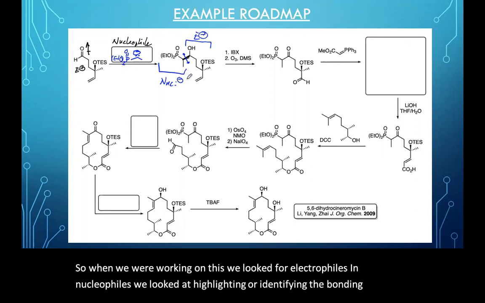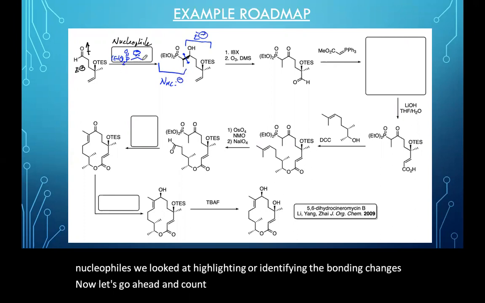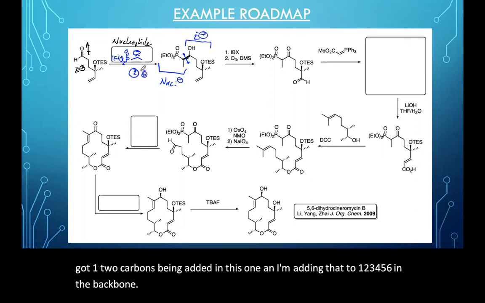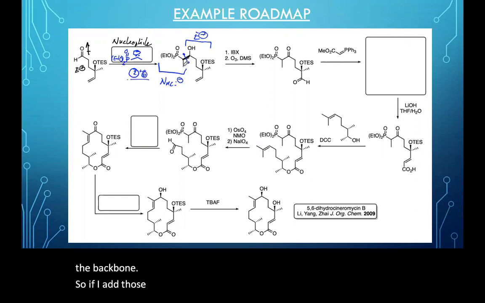Now let's go ahead and count carbons. Let's see how that works. So I've got 2 carbons being added in this one, and I'm adding that to 1, 2, 3, 4, 5, 6 in the backbone. So if I add those up, 1, 2, 3, 4, 5, 6, 7, 8.